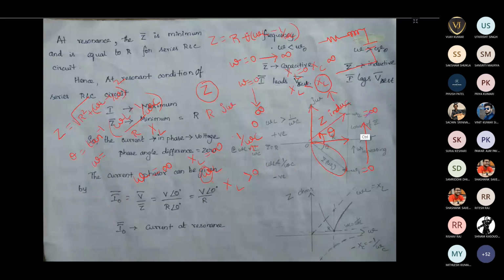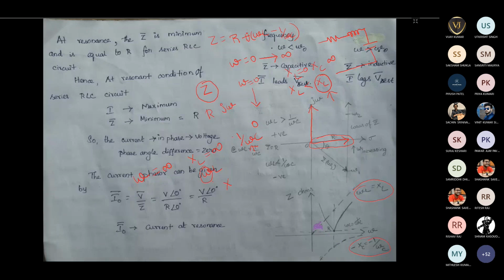At the resonant condition, that is omega equal to the resonant frequency, you get Z equal to R, given by this particular phasor. If you plot XL and XC for changing the frequency from 0 to infinite, this is the plot.